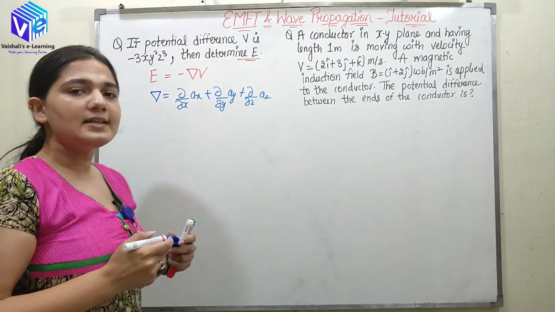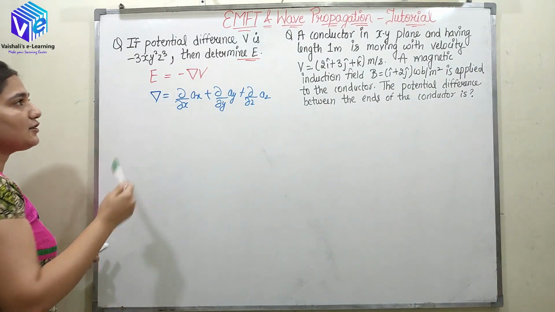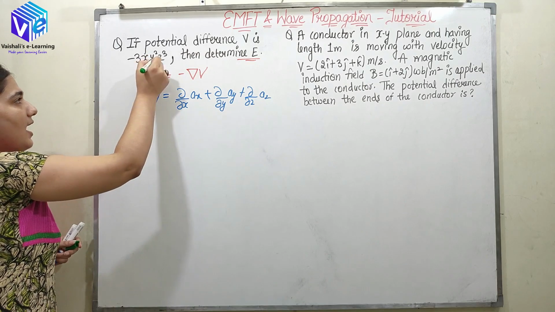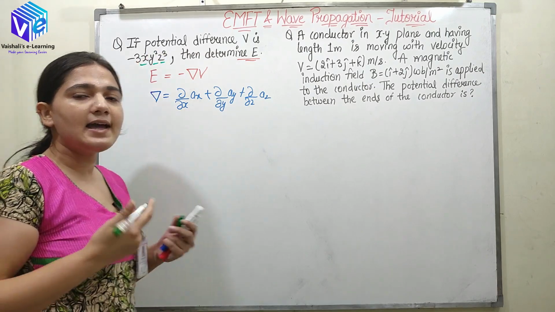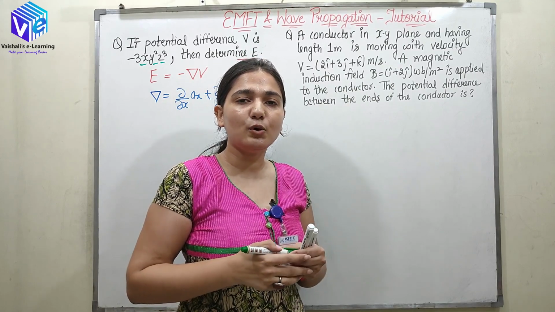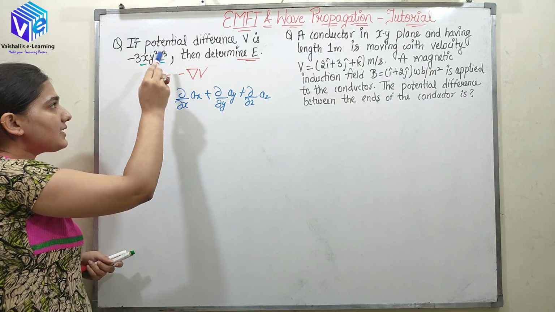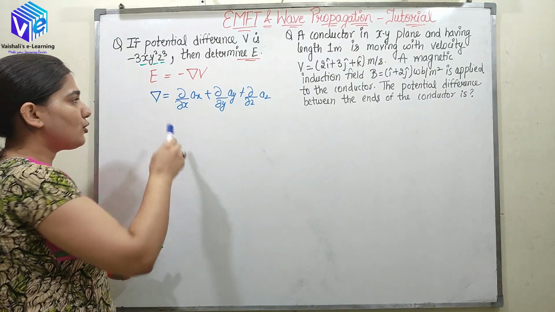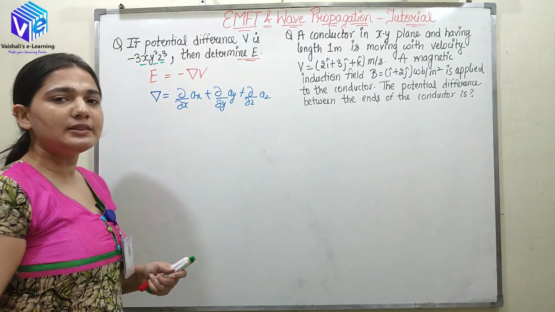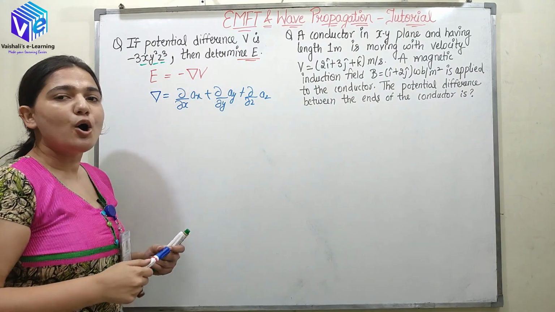Why did I take the del operator for the Cartesian coordinate system? Because V was denoted in terms of x, y and z only. So V was in the Cartesian coordinate system, and I will take del also in the Cartesian coordinate system because I have to apply del on V.